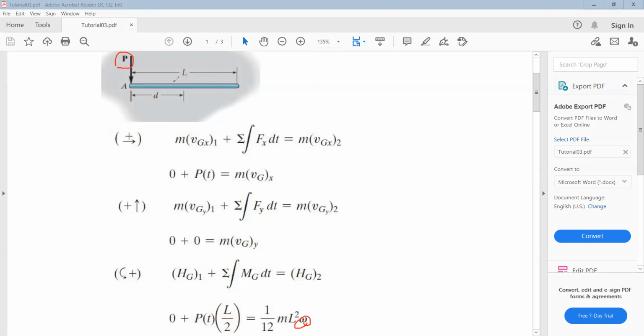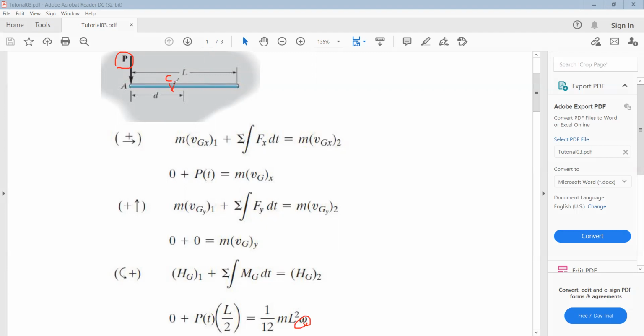As I told you, when we have a pin connection, when we have a rotation, we assume that, for example, this point C is the point that the rod starts rotating about. So point C is a fixed point or a pin connection. We can assume that this is a pin connection.